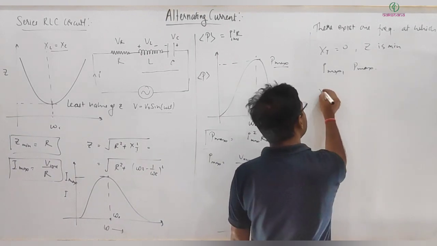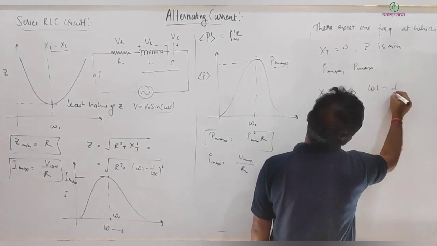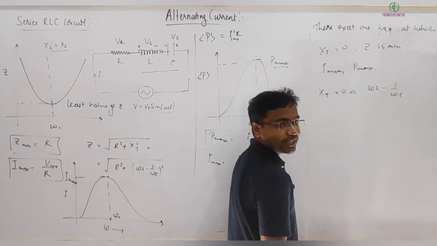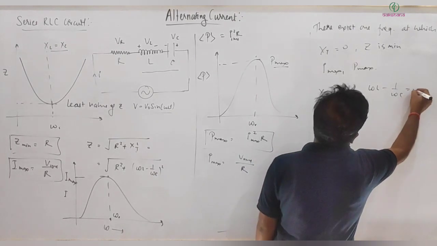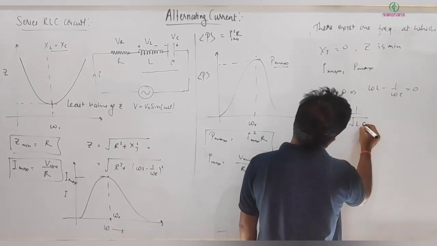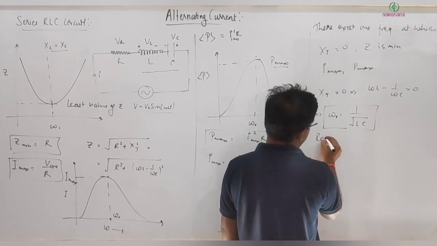What is that frequency? X_T equal to 0 means omega L minus 1 by omega C equals 0. Clear? And this implies omega is equal to 1 by under root LC. This is called the resonance frequency.